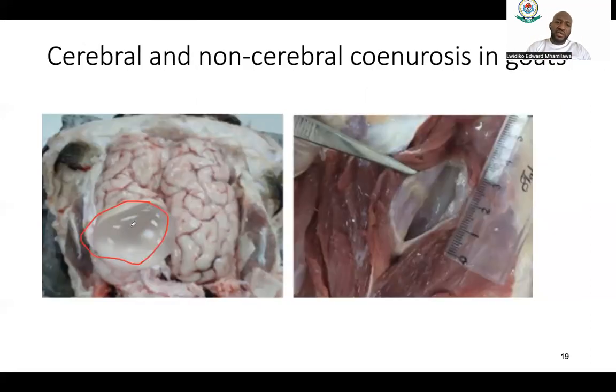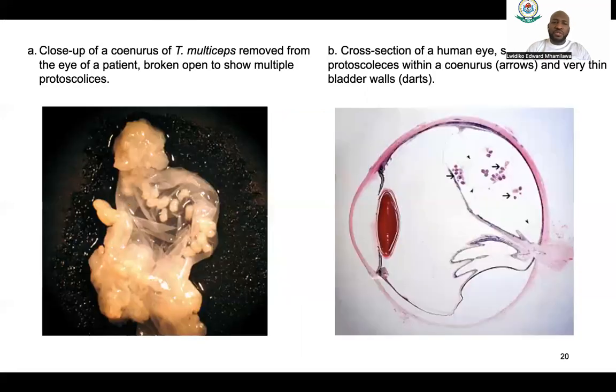The cyst, when you rupture it, you can see there are protoscoleces here that are held within that cyst. And in case it invades the eye, contrary to the spargana, you would be able to appreciate these darts, which indicate the thin skin of this cyst, and then this will be the whole thing.